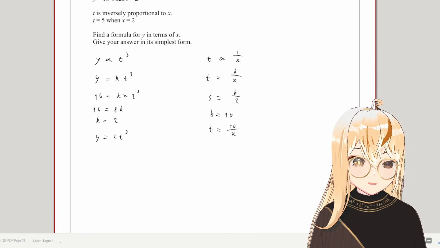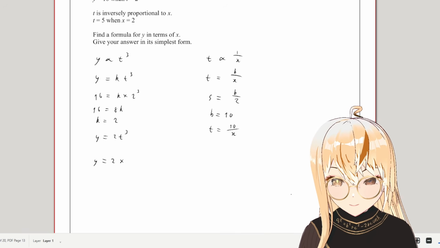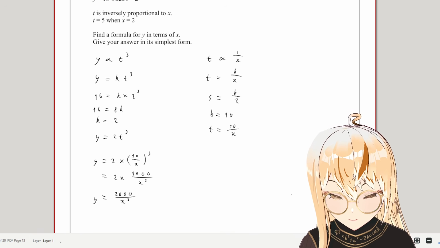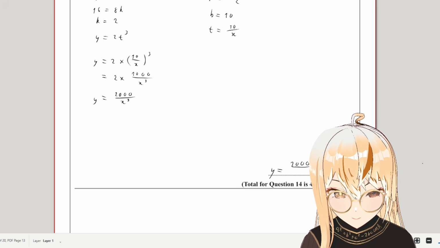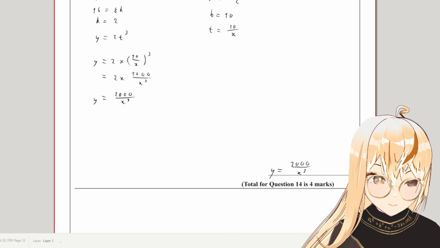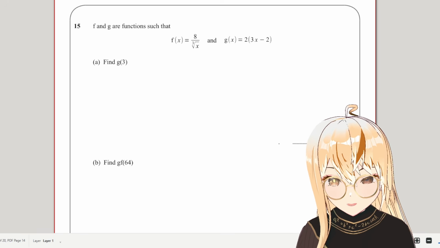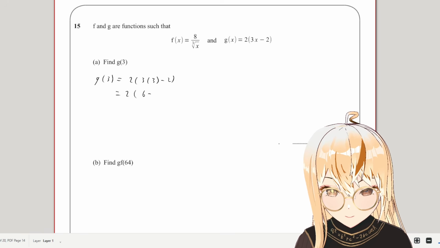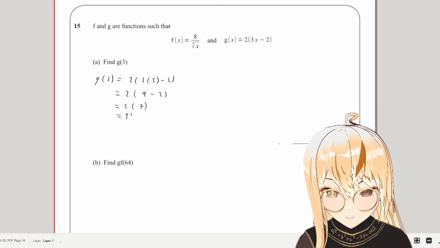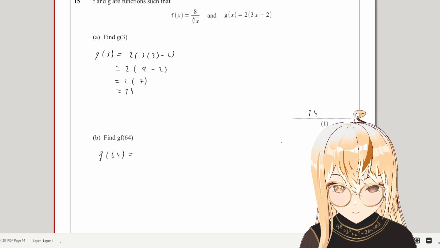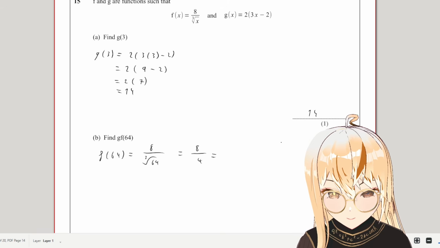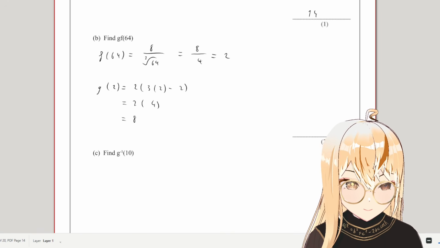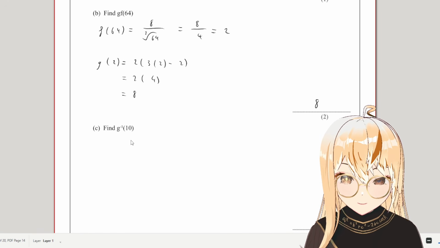Now we have them separately, we can combine them. Sub in our numbers like usual. Then let's find inverse g.